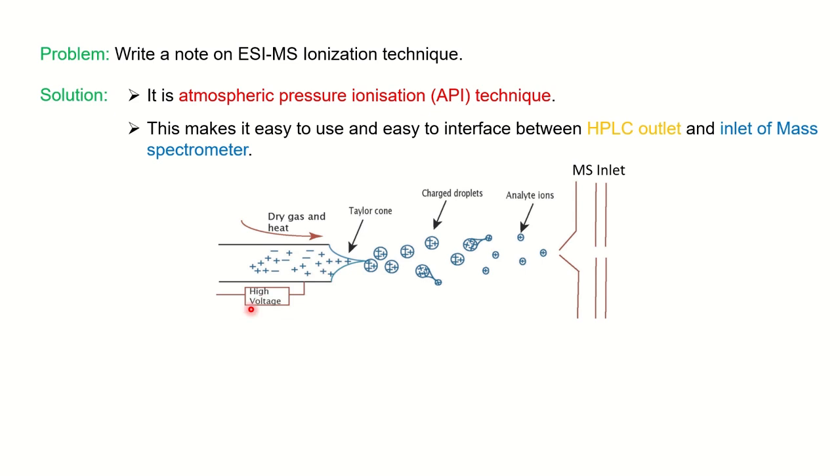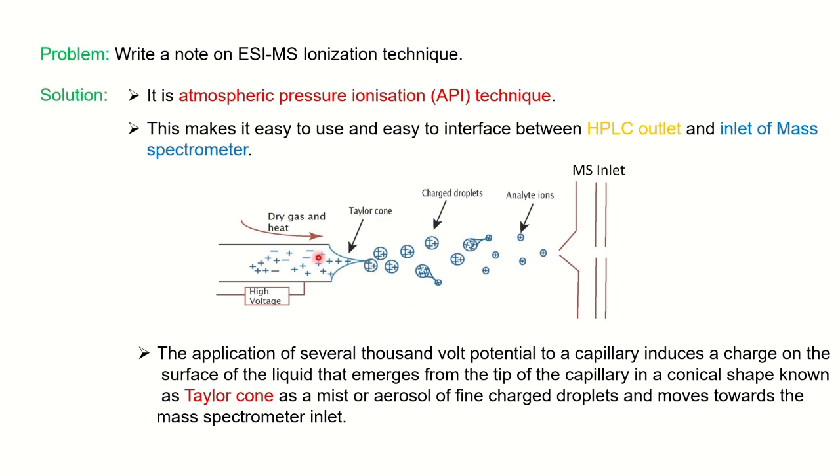So this is the schematic diagram of electron spray ionization. As you can see here, high voltage is applied here. So thousands of volts of high voltage is applied, which induces the charge on the surface of the solvent or liquid here. You can also note that this charge moves towards the conical shape of the capillary, which is known as the Taylor cone, and comes out as a mist or aerosol of fine charged droplets.